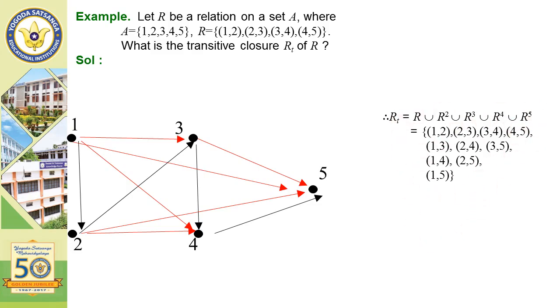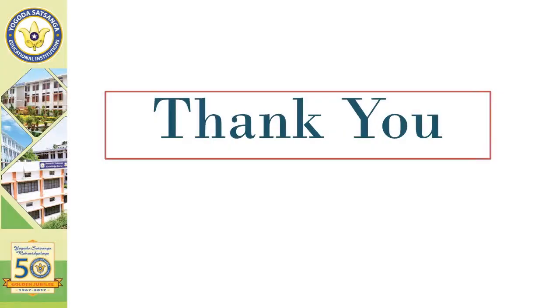That means it holds the closure property. After a certain point, when we find R to the power 5, R to the power 6, etc., the elements of the relation do not change. It remains constant after a certain time. Thank you.